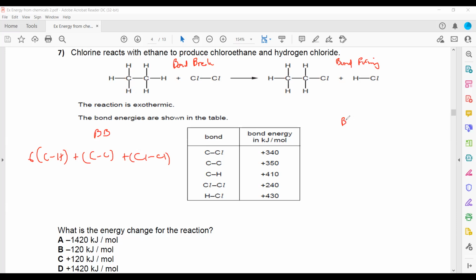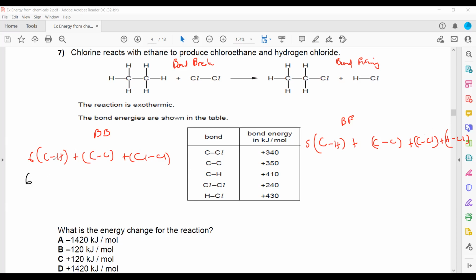The bond forming: 1, 2, 3, 4, 5. So 5 C-H bonds are there. 1 C-C bond is there, carbon-carbon bond. 1 C-Cl bond is there. And 1 H-Cl bond is there. We'll substitute the values.